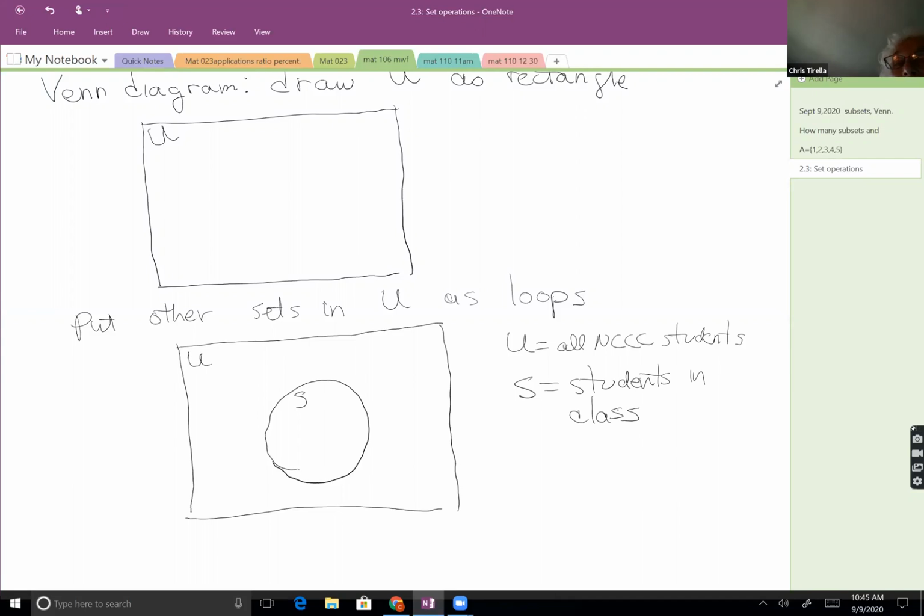So let's look at another example. And in this other example, can I turn the page, folks? I'm going to.